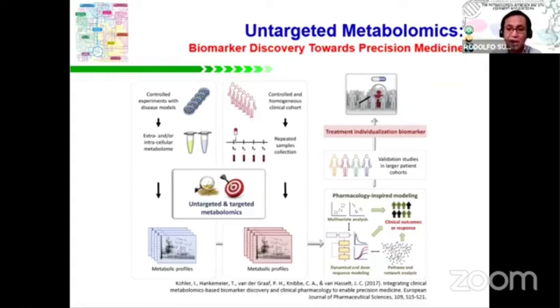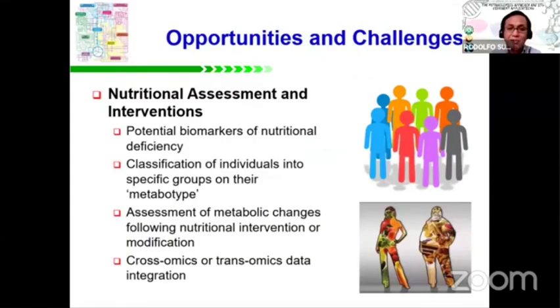But over the past couple of years, there have been significant advancements in analytical instrumentation and systems biology that actually propel clinical metabolomics, leading to applications in the clinical setting. Now, these are some of the opportunities and challenges in metabolomics.